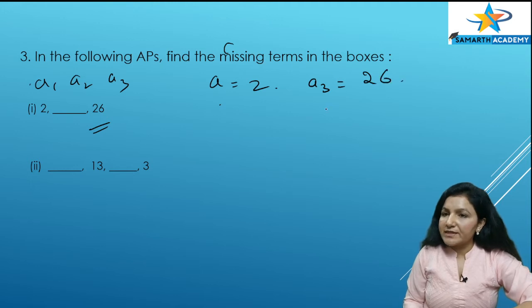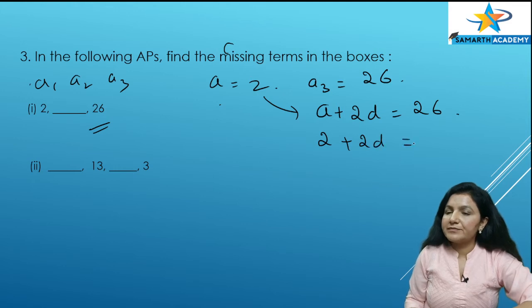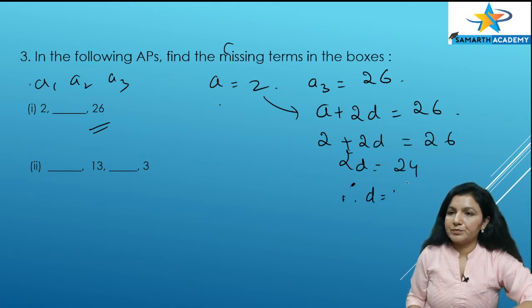So what is 26? a plus 2d is 26. In this, substitute the value of a. So 2 plus 2d is equal to 26. 2d is equal to, send 2 that side, 26 minus 2, that is 24. Therefore, d is equal to 2. 24 by 2, that is 12.